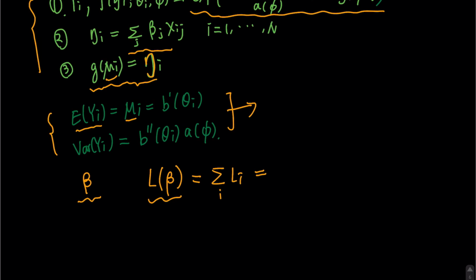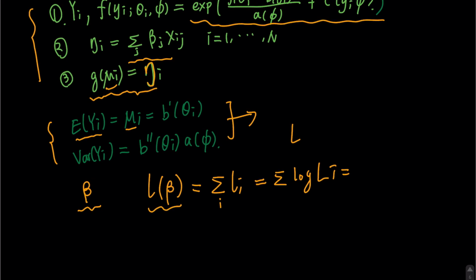And actually I should be using lowercase l just to be consistent with my previous notations. Lowercase means log likelihood, and uppercase is just the likelihood. So this will be the log of uppercase Li, and we have the uppercase Li right here.